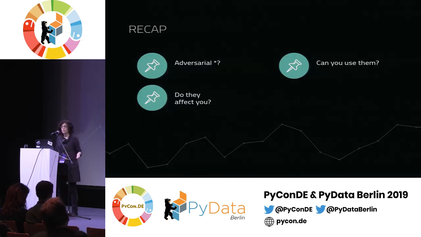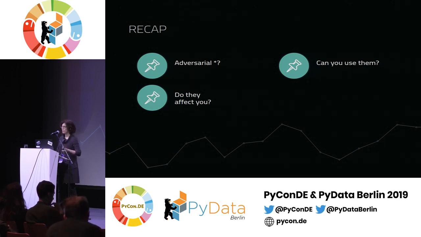So to recap, we've taken a look at what adversarial samples are. We've taken a look at whether we should care that much. And point being, yes, by all means, be aware that they exist, be aware that they will happen, and be aware that you might be affected, but focus on the basics first.